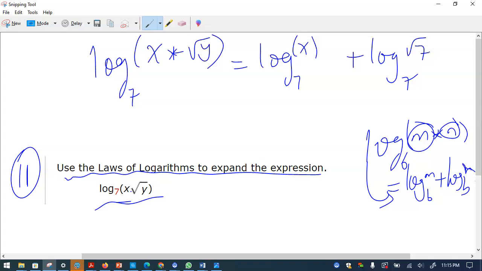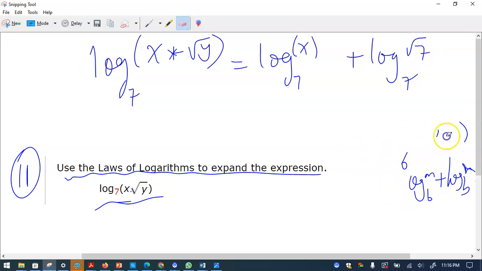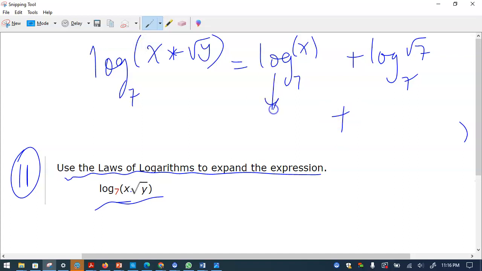Now root y can also be written as, so I'm going to keep the left side exactly the same. So this will remain the same, nothing here. But this can be written as log of y raised to the power half. So the question is why?